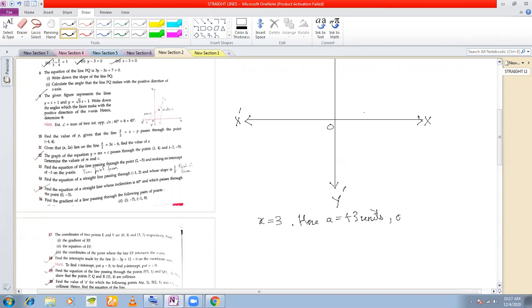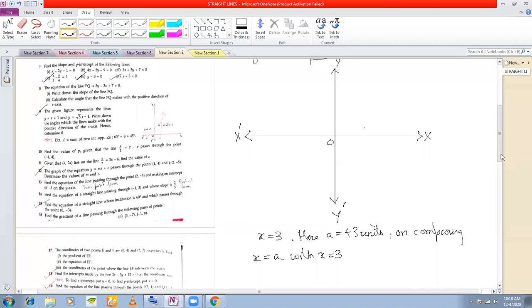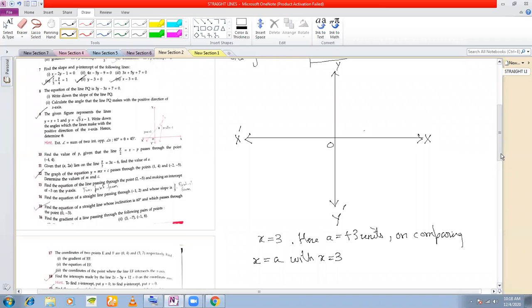On comparing x is equal to a with x is equal to 3, we have got a is equal to 3.